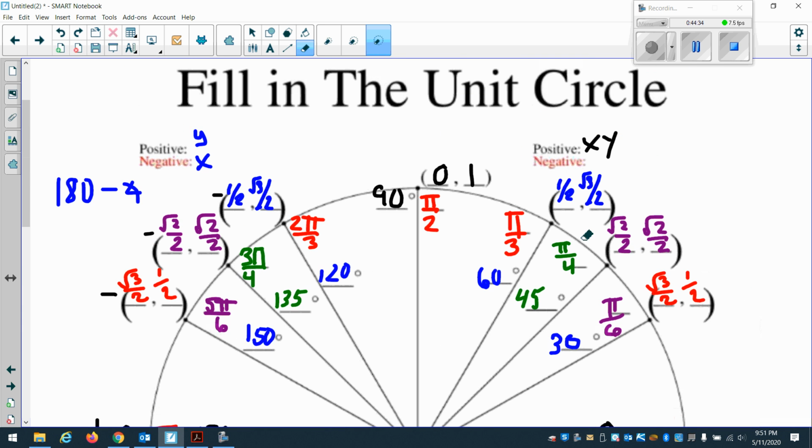So hopefully that helps going through the unit circle, and hopefully I answered all of your questions. I'm going to look right now to make sure there are no additional questions on the review. If you have any additional questions, you could send me an email or you could join the Google Meet at 11:30 for Tuesday's classes and 9:50 for Wednesday's class.